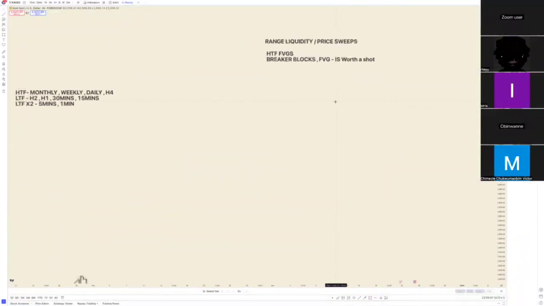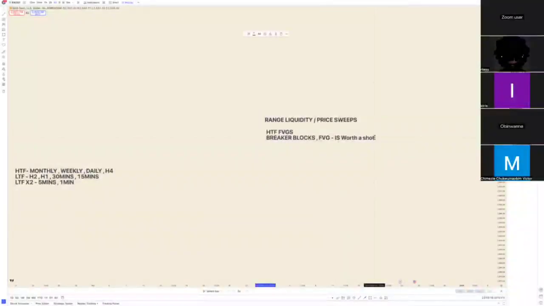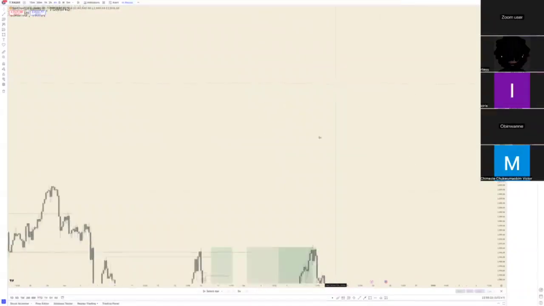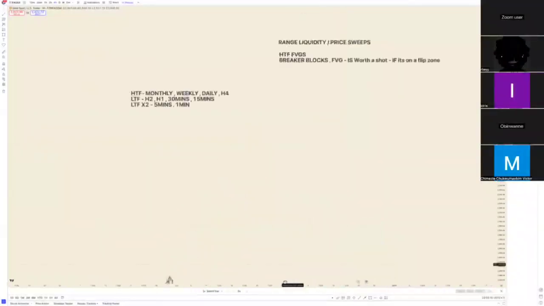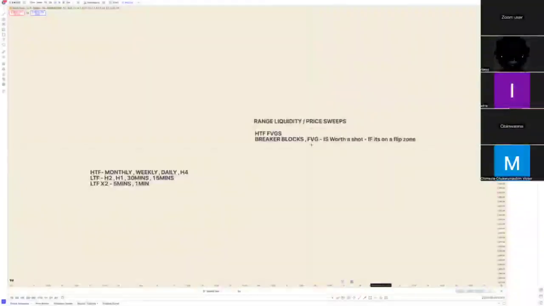So breaker blocks are worth a shot, especially if it's on a flip zone. If you saw them trying to break a particular zone, fighting in there, and then suddenly an impulsive move, and then retracement into that zone with an FVG, that is worth a shot. So I feel like these three things are majorly what works well for gold.